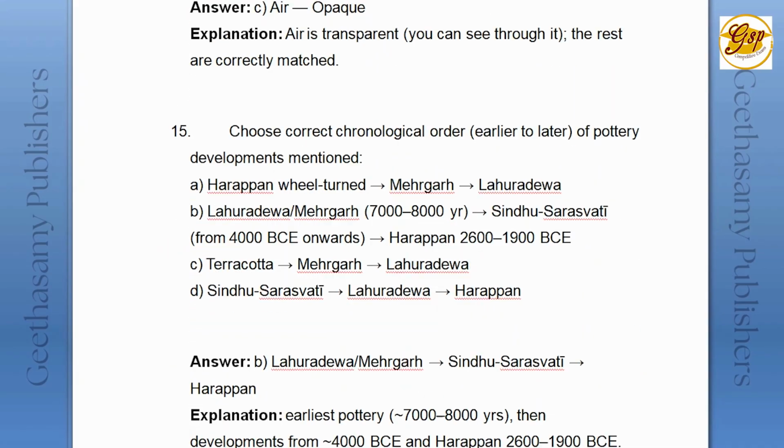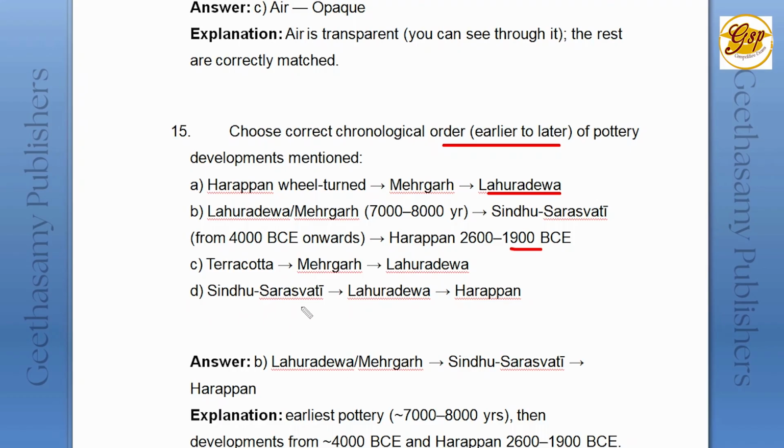Then the 15th question. Choose the correct chronological order of early pottery development. Harappan wheel-turned, Mehrgarh, Lahuradeva. Lahuradeva and Mehrgarh 7000 to 8000 years ago, Sindhu Saraswati from 4000 BC onwards, and Harappan 2600 to 1900 BC. C: Terracotta, Mehrgarh and Lahuradeva.